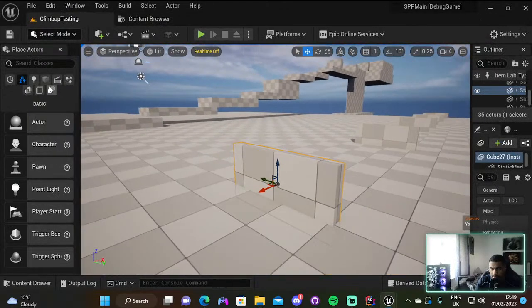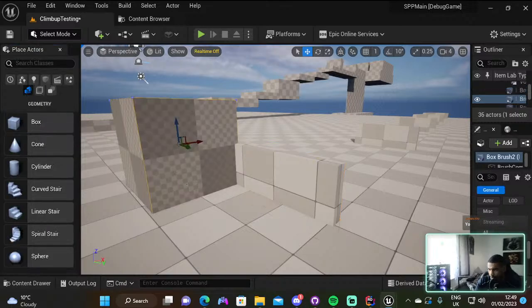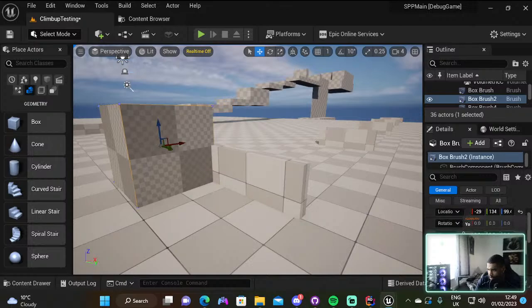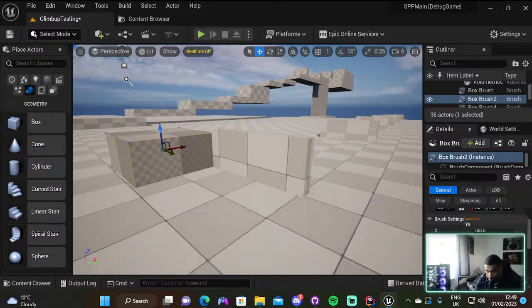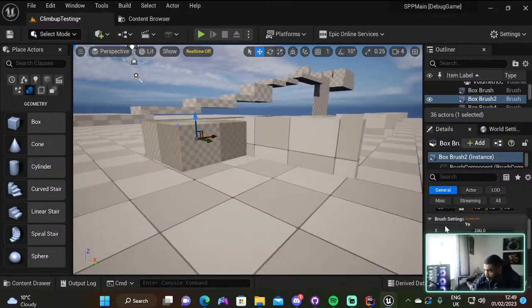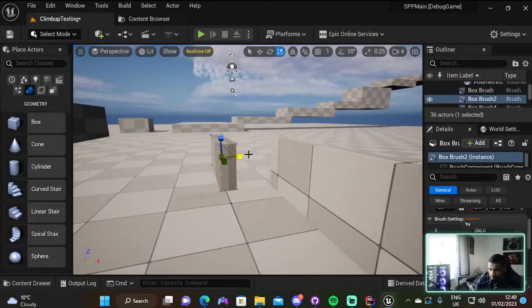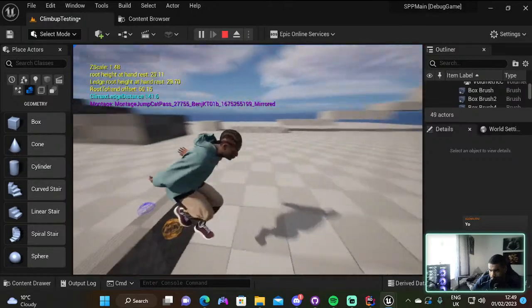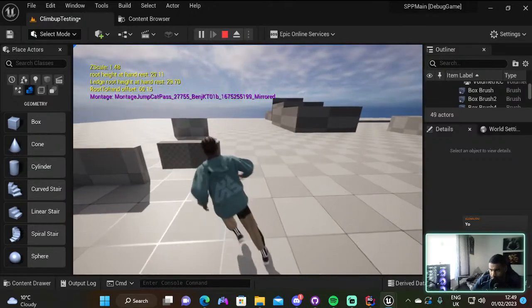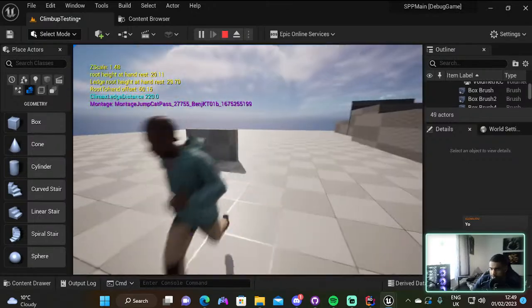So if I bring in a box, it's actually really low. So if I do this, yeah, the Z scale is really low.